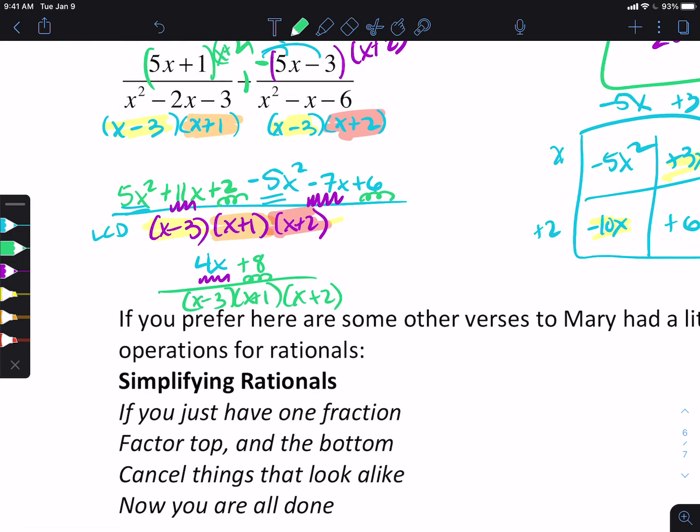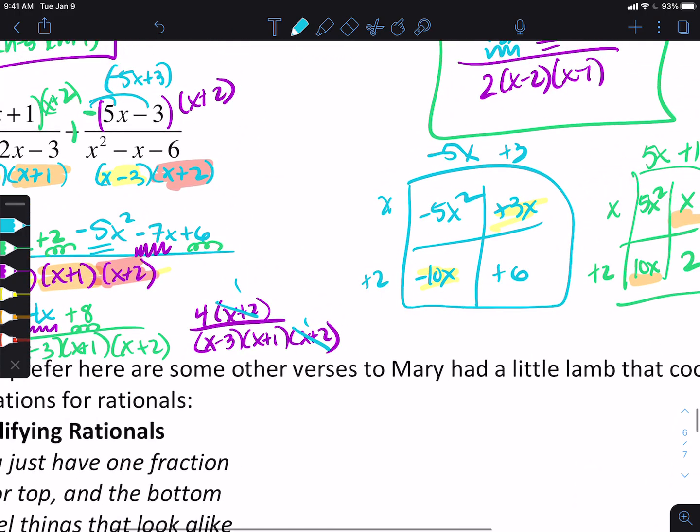I look to see if I can factor on top. I can. There's a common factor of 4. So if I factor out the 4, I get x plus 2 over x minus 3 times x plus 1 times x plus 2. And then notice here, these can reduce to 1. So then my final answer gives me 4 over x minus 3 times x plus 1.